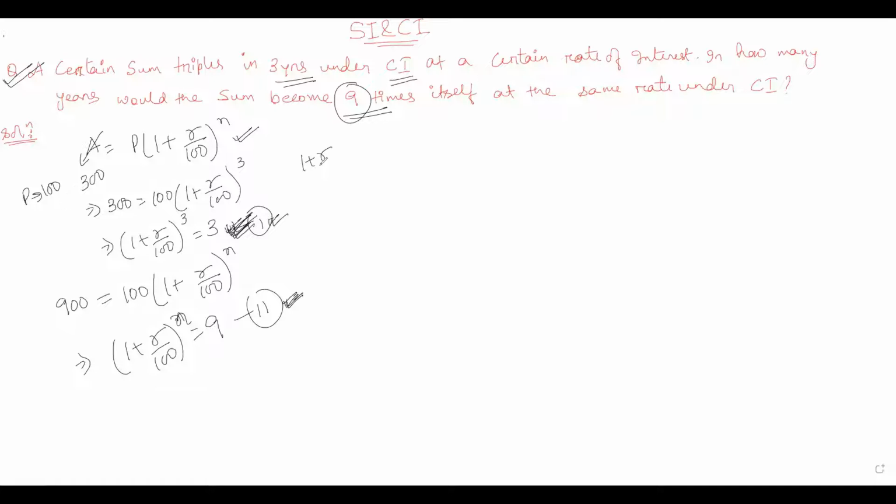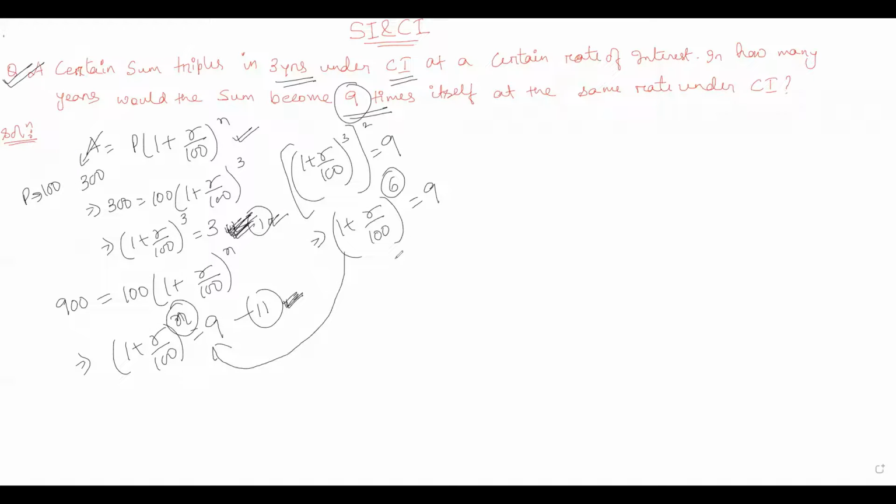So (1 plus R by 100) cubed, whole squared, will give us 9, or we can say (1 plus R by 100) to the power 3 into 2, that is 6, will be 9. Comparing with equation number 2, the value of n is 6 years. That is, in 6 years, the sum will become 9 times at the same rate under CI.